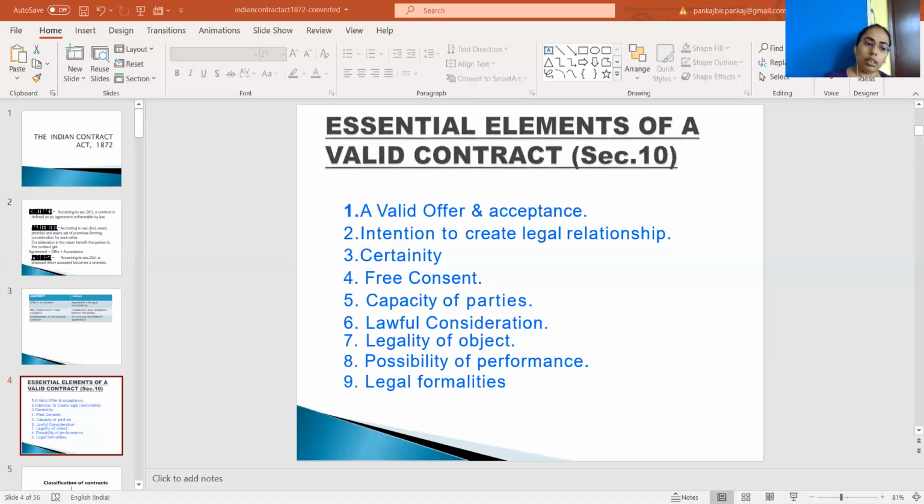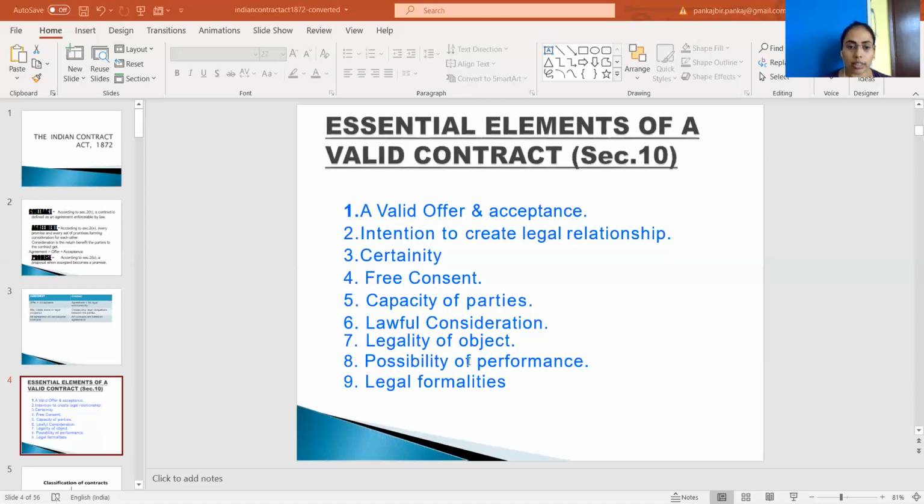So if two persons are making a contract, every person needs to perform something, and every person needs to have something in return out of that contract. That something in return is known as consideration for each party. So consideration is required for a contract. And second thing, consideration should be lawful also.